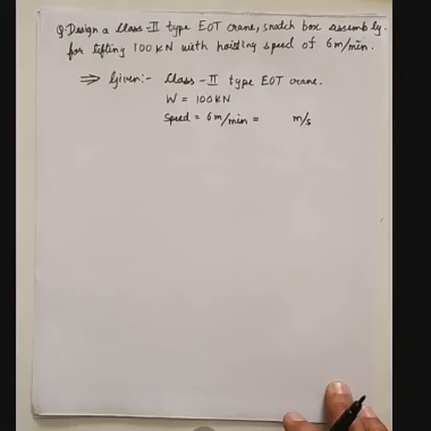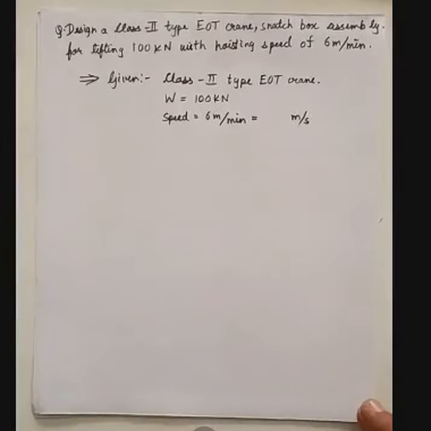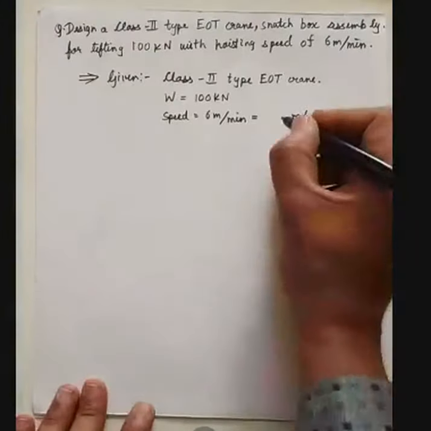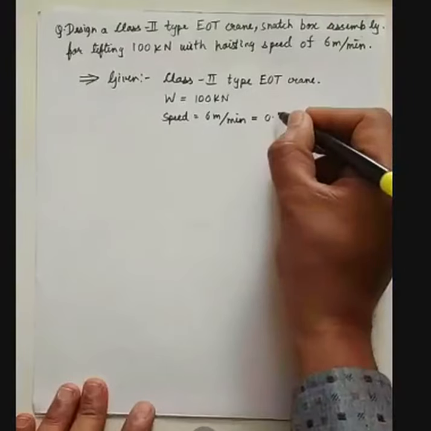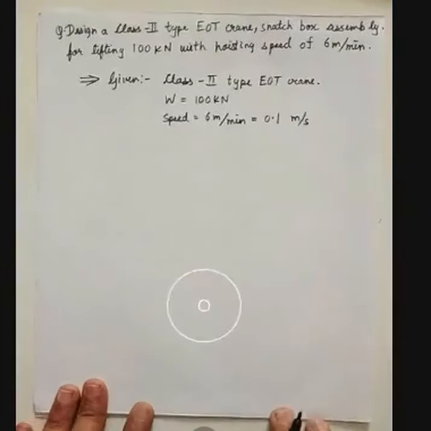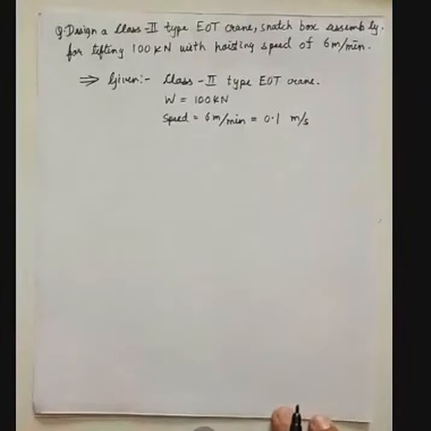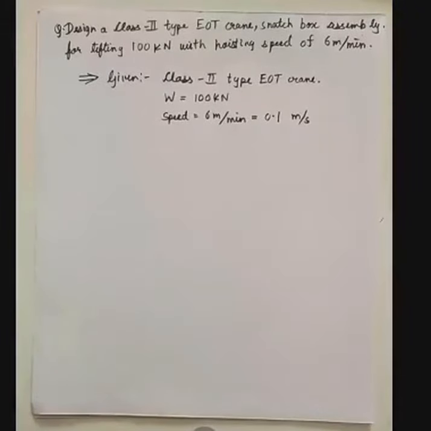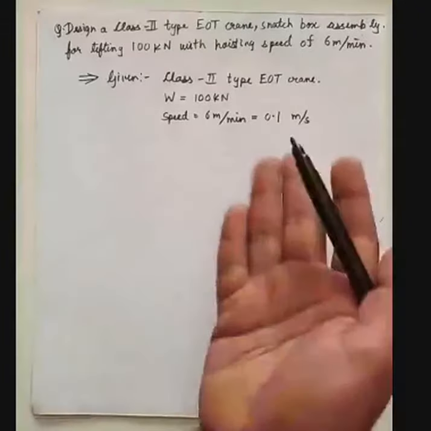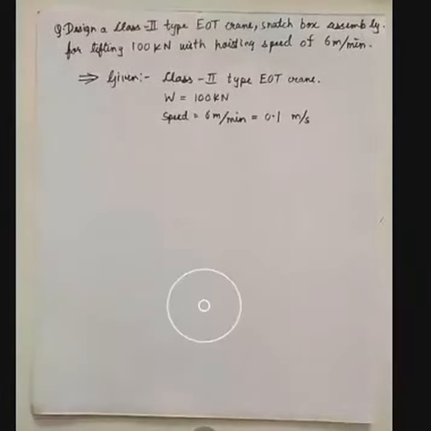So how much will it be in meter per second? 0.1. So 0.1 meter per second. See, at what small speed it is lifting the weight. As the weight is 100 tons, this is the correct speed for lifting that, right?